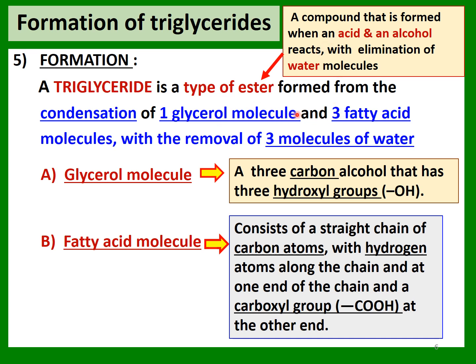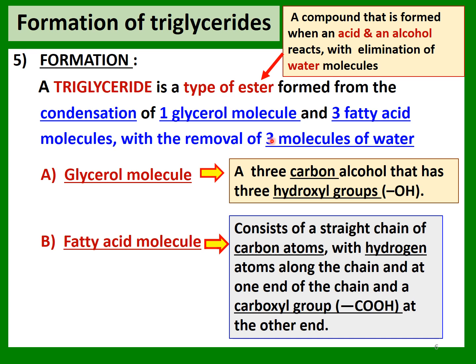So when these two react together, condensation occurs and they combine with one another with the removal of molecules of water. Don't worry about the numbers here at first, because later on you will see how it comes about.